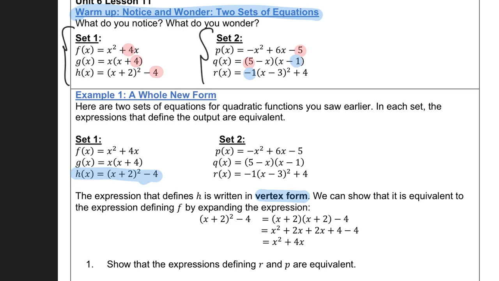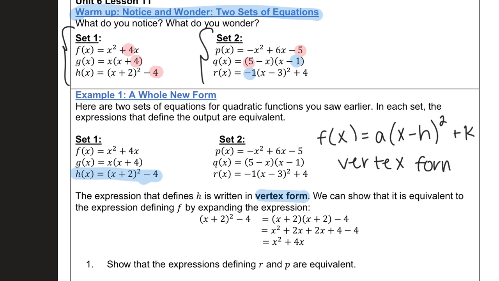Okay, so our general form for vertex form is f of x equals a times (x minus h) squared plus k. That is our vertex form, our general way to write that.